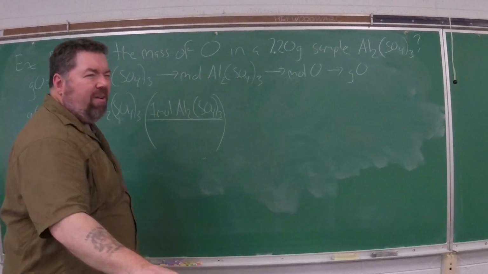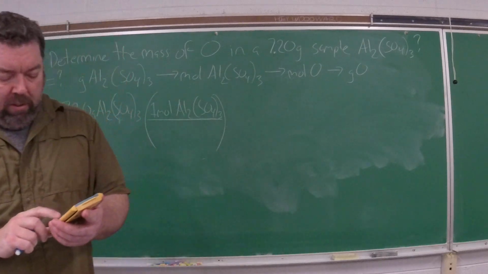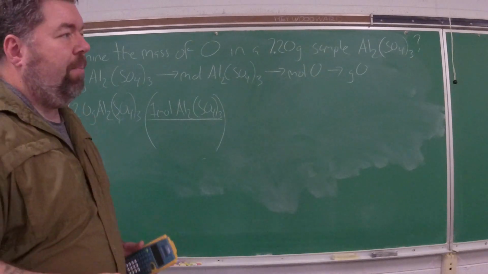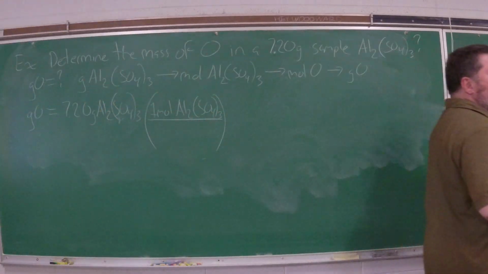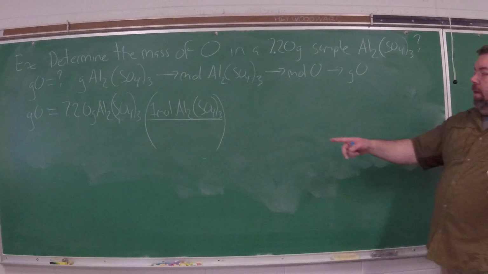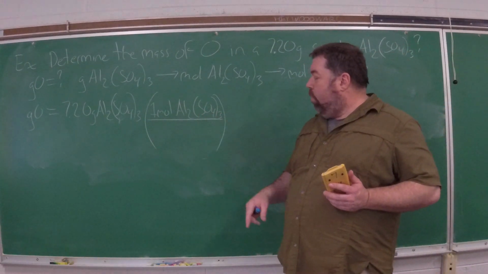Let's calculate that out, again being careful. Sorry, I have to bring a periodic table, I cannot see the numbers from here. 26.98 times 2, and then be careful, there's going to be 3 sulfurs and 12 oxygens.